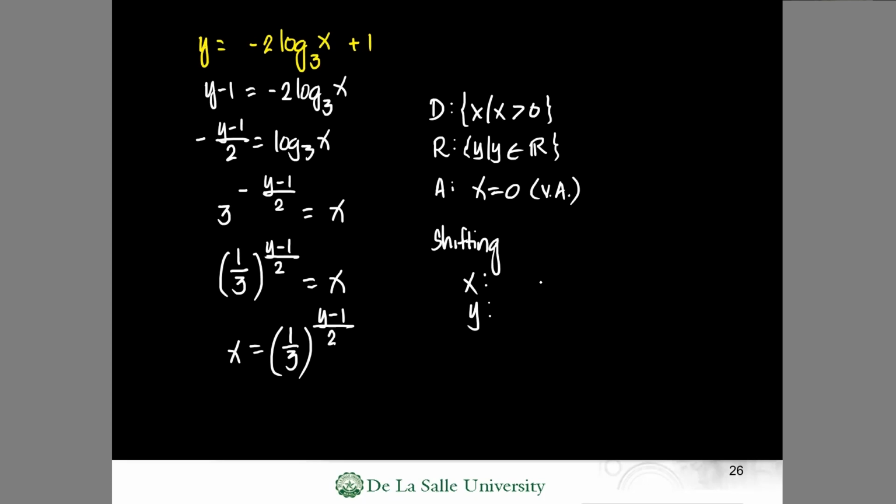Do I have any shifting along the x? There's none because there's no number. Now, what about the y? Don't be fooled by the over 2. Let's look at the one on top. What makes y 0? 1. So that is actually 1 going up. You understand?